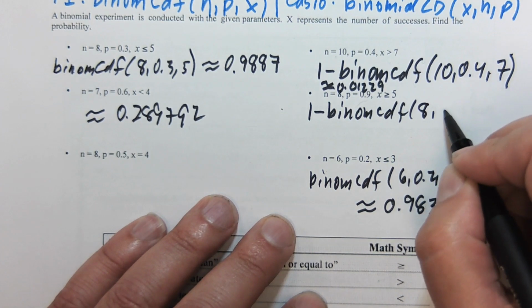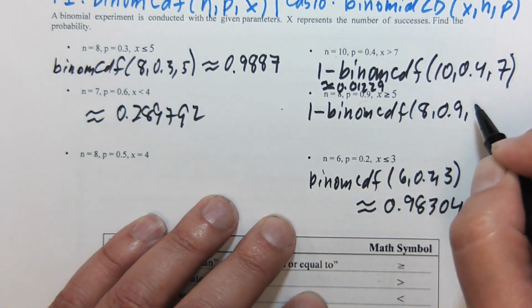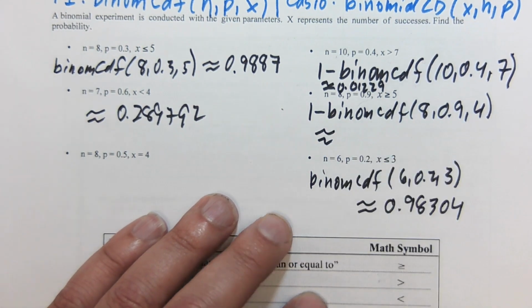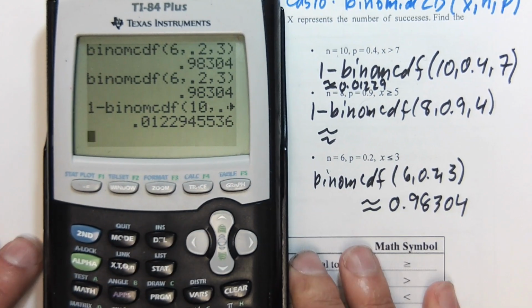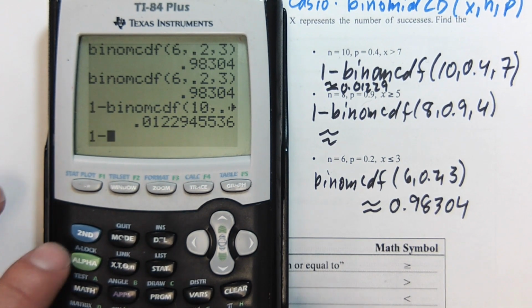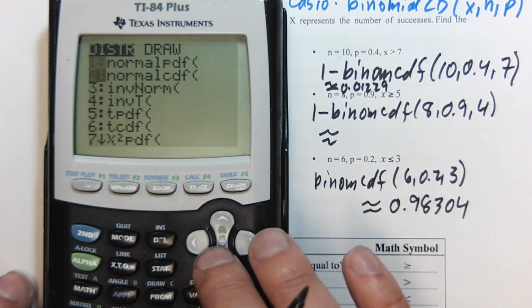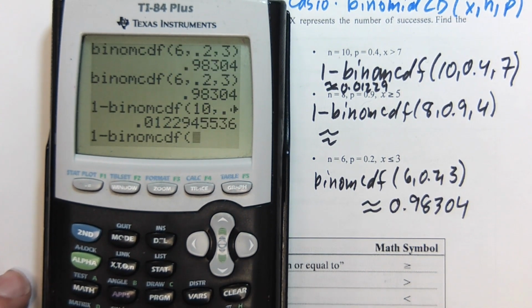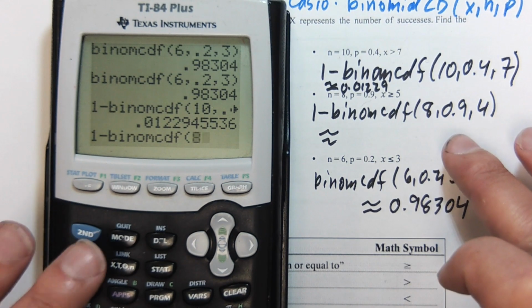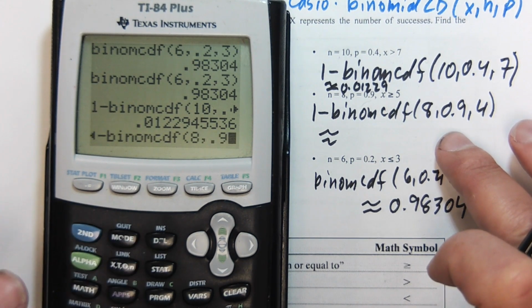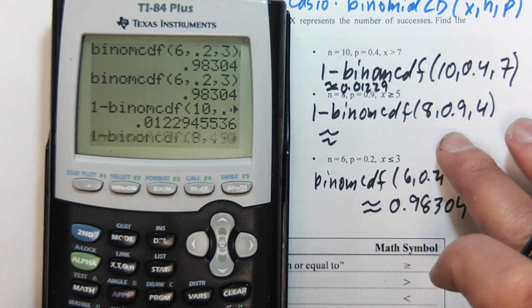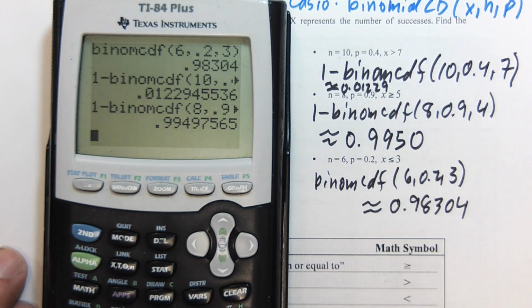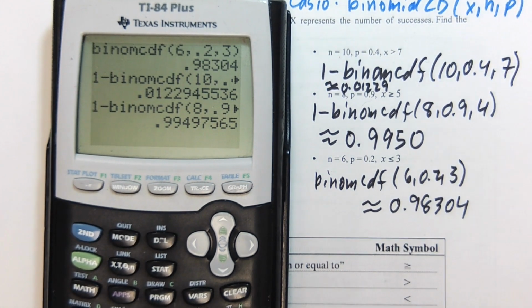This is 8, 0.9, and 4 and down. So 8, comma, 0.9, comma, 4. So if I round that off right.